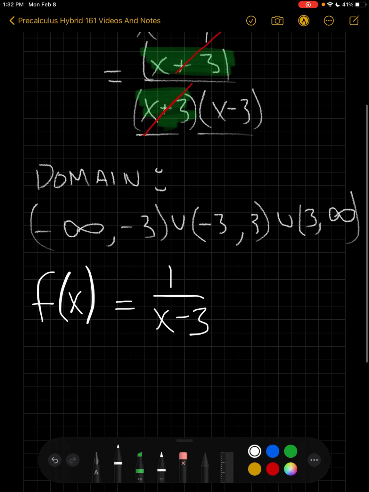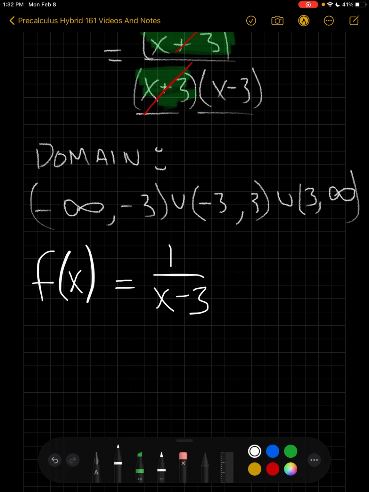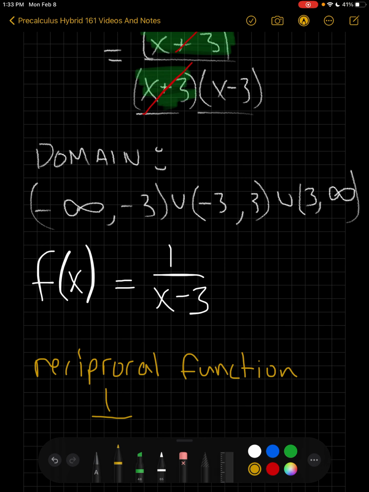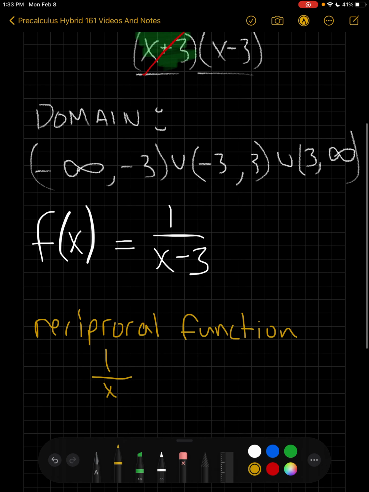One thing I would notice if I were you and I had studied my transformations of functions is that if I look at the reciprocal function, that's the graph 1 over x, our reciprocal function. Let's call that y.